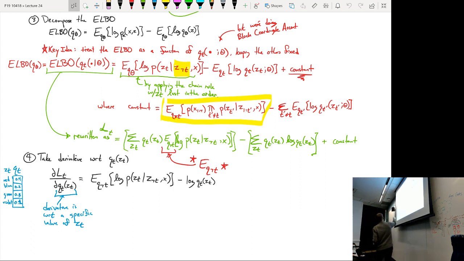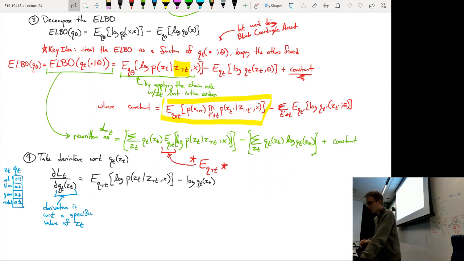And we're taking the derivative with respect to, say, the green cell. So in the first sum, only one of those is a function of the green cell, and the other terms in the sum are constant with respect to that green cell. In the second term, likewise, only one of them is a function of the green cell. So that's why those summations drop away.